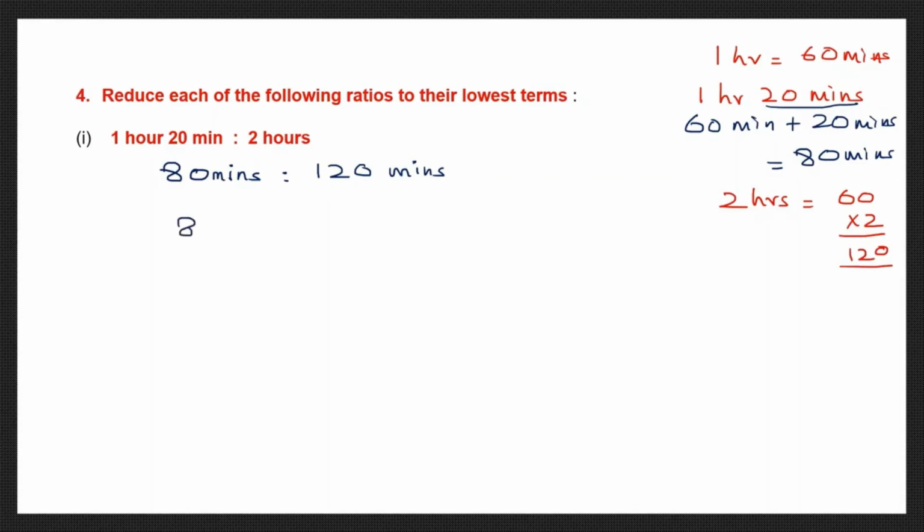Now let's write it as a ratio in the simplest form. First, write it as a fraction. Simplify it by cancelling the zeros. Divide both by a common factor. I can use 4. 4 2s are 8 and 4 3s are 12. So here the fraction is 2 by 3 and the ratio will be 2 is to 3, which is my final answer. 2 is to 3.